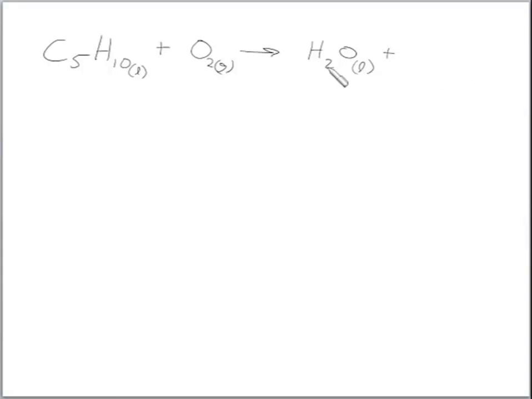And the heat that typical combustion reactions produce, this is coming off as a gas, so I don't get too worried about that. But CO2 is definitely going to be a gas there. So we have our subscripts, we have our two products that are formed in these compounds, and then what we need to do is go back and balance the equation.